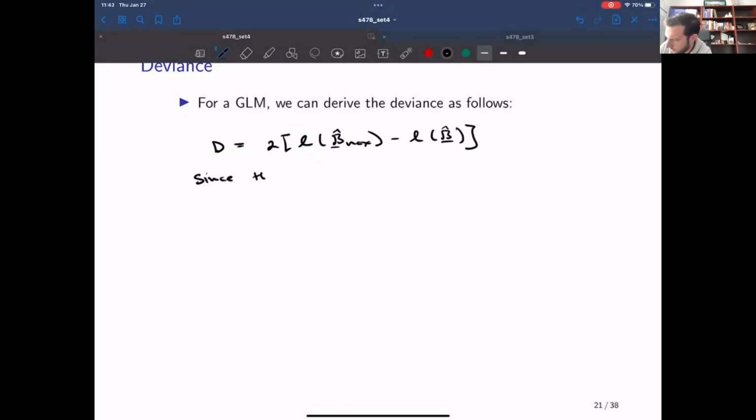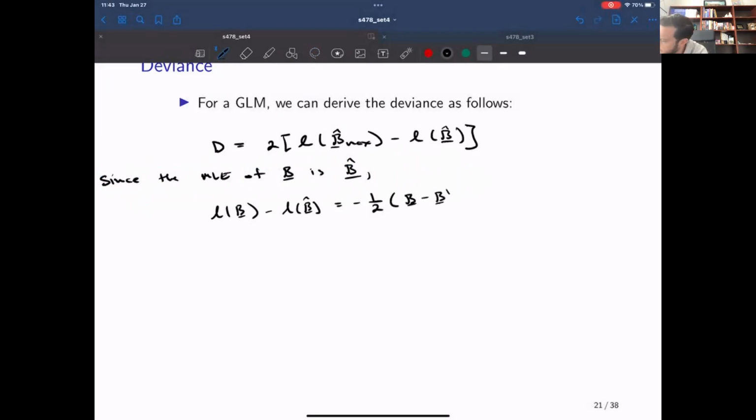Since the MLE of beta is beta hat, then L(beta) minus L(beta hat) is equal to -1/2 (beta minus beta hat) transpose multiplied by the information function at beta, multiplied by (beta minus beta hat).